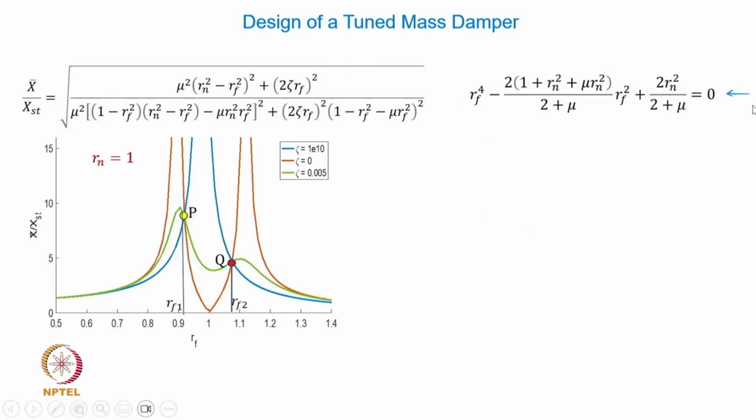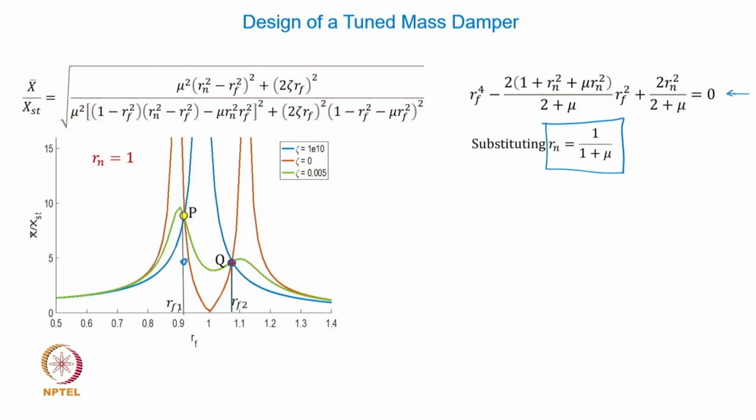So if you solve this RF, but now in the expression what I am going to use is that I am going to now substitute for a tuned natural frequency ratio. So now Rn is not arbitrary Rn. Rn is being forced to have a value of 1 over 1 plus mu, because we have decided that we will have the xp and xq to be identical.